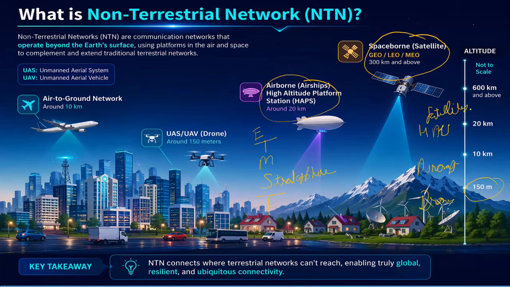So as we go higher, coverage increases, but latency also increases, especially in case of GEO satellites. NTN is not a replacement for ground towers. It is just an extension. It integrates ground, air, and space to create seamless global connectivity. From towers to drones to satellites, NTN connects everything and everywhere.